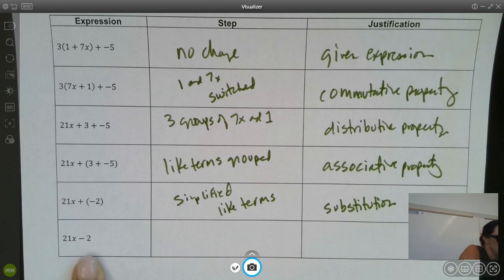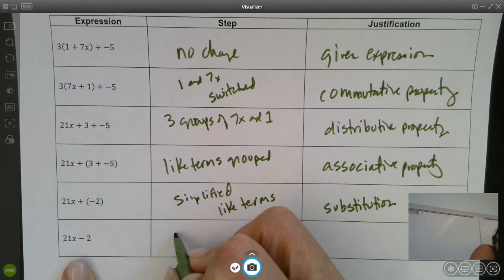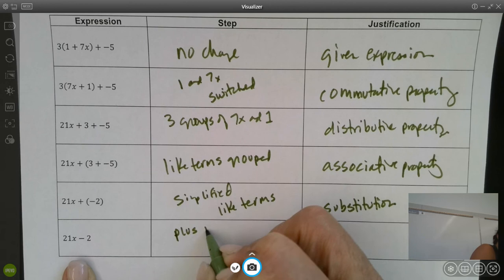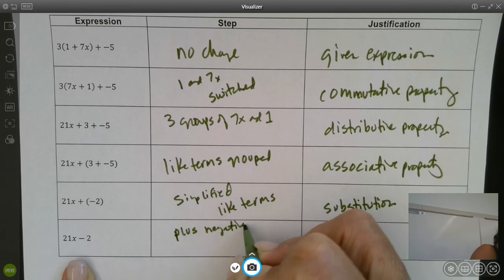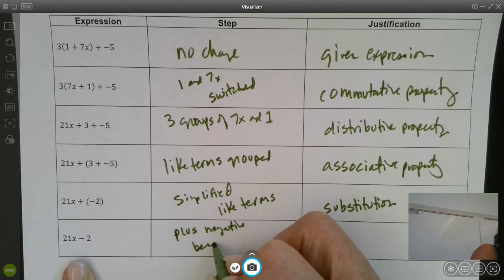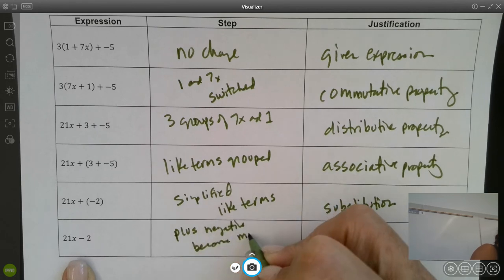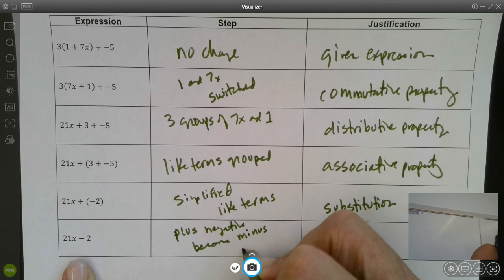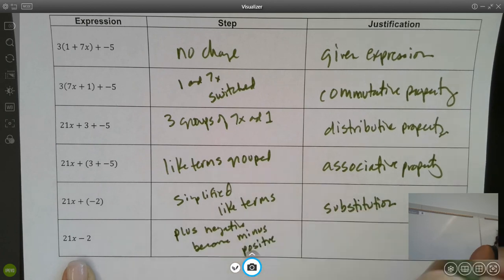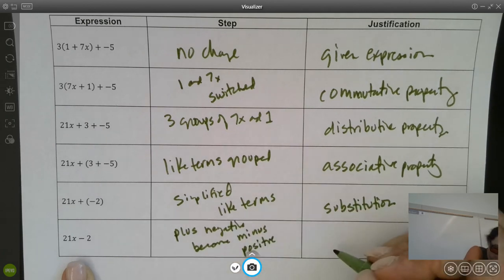And then this plus a negative became a minus a positive. So plus negative became minus positive. And that's by the definition of subtraction.